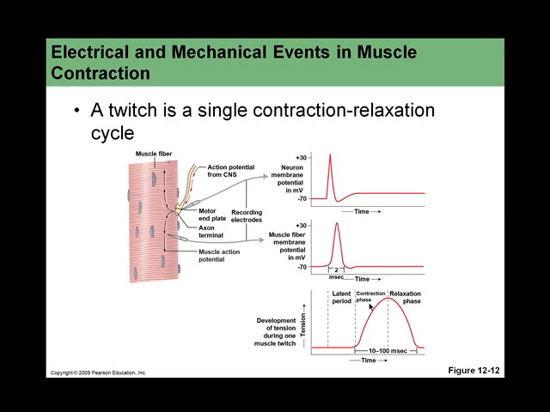The timing of the latent period you can see here for a single myofiber is the same time interval of the action potential. So you could fire another action potential right here to summate on the contraction.